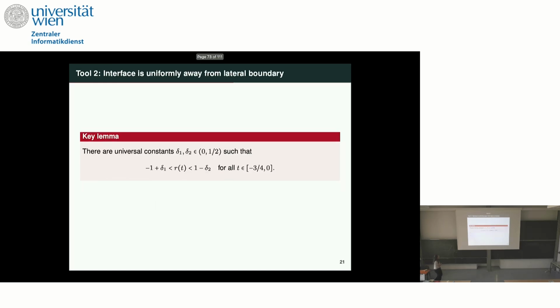And then a second tool, which is very important: for the approximating weak solutions, we know that, maybe I can explain it a little bit better. So this is our domain. This is x equals -1, and this is x equals 1. And this is the time axis, so t equals, let's say, -1, t equals 0.